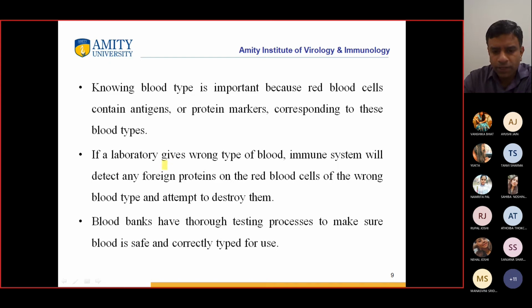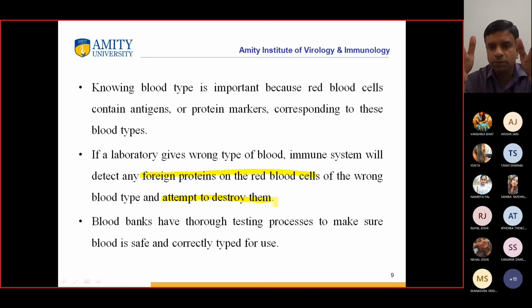Okay, so now if a laboratory gives the wrong type of blood, the immune system will detect any foreign particle on the RBC of the wrong blood type, and it will attempt to destroy it. Okay, so this is what I am saying.